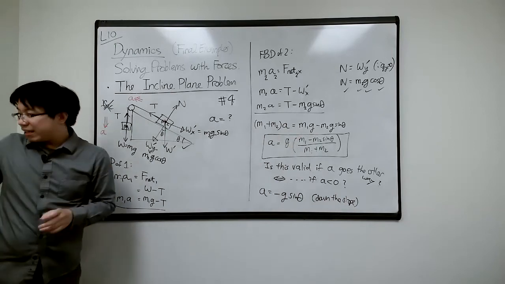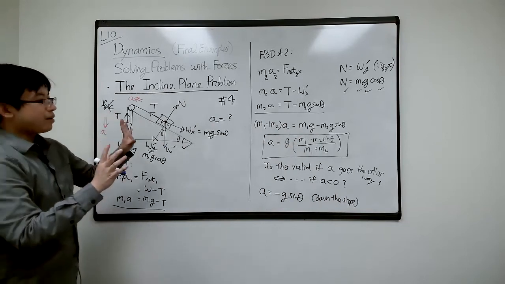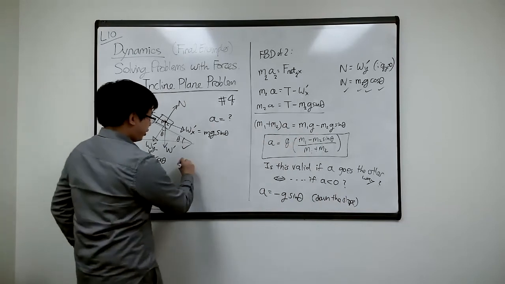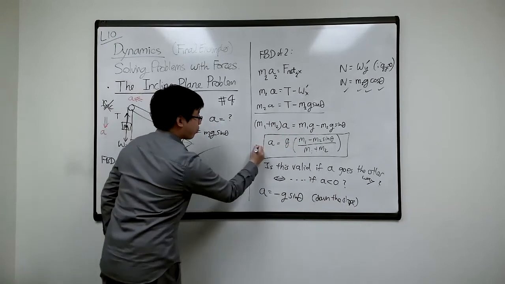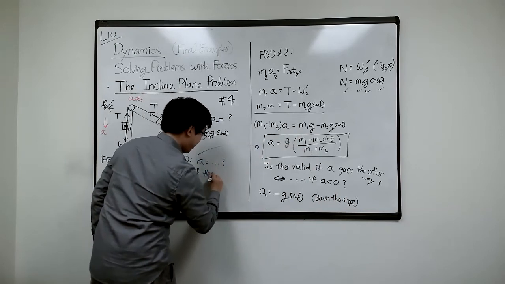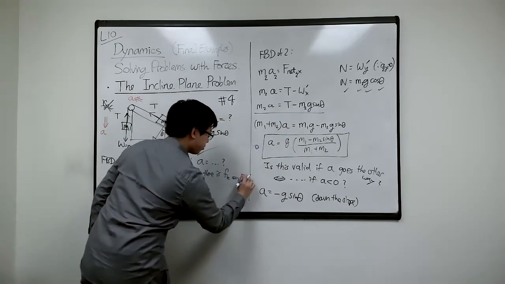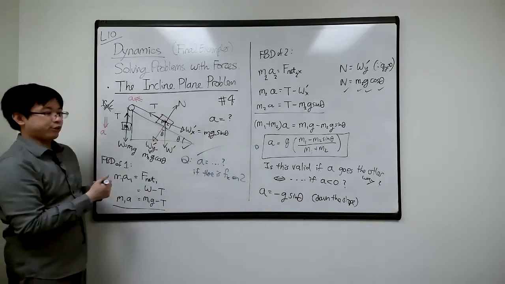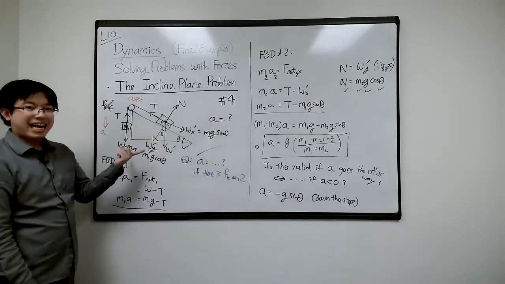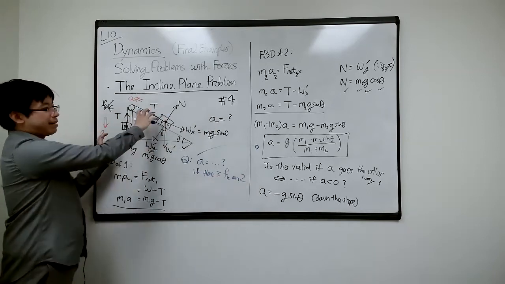All right. Now, what's different is if you do add friction, and this is my challenge for you. The question is, how will this change? What is A if there is kinetic friction on M2 over here? And this time you will ask yourself, if it goes this way, is the free body diagram the same as if it goes this way?